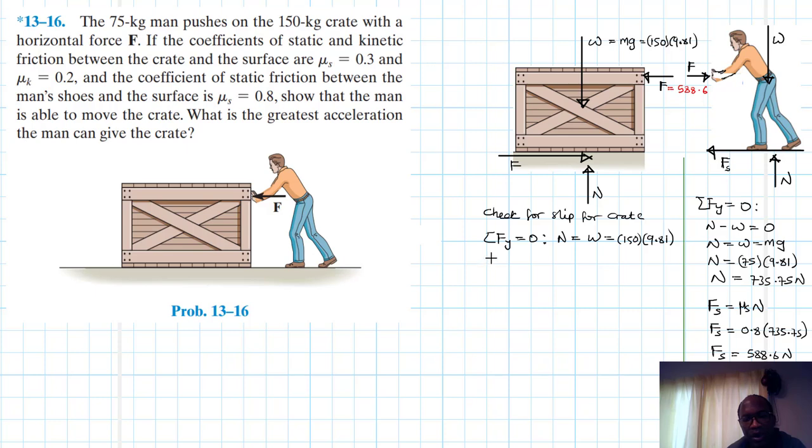Okay, and then mu s times N is just going to be equal to 0.3 by 150 by 9.81. This gives us 441.45 newtons.